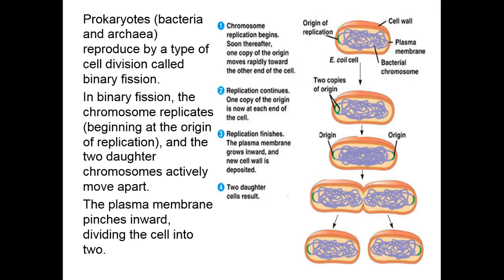And then after the replication is finished, the plasma membrane grows inward. It's probably something that somewhat looks like ours, where you have proteins that are causing it to pinch in, and two daughter cells result.